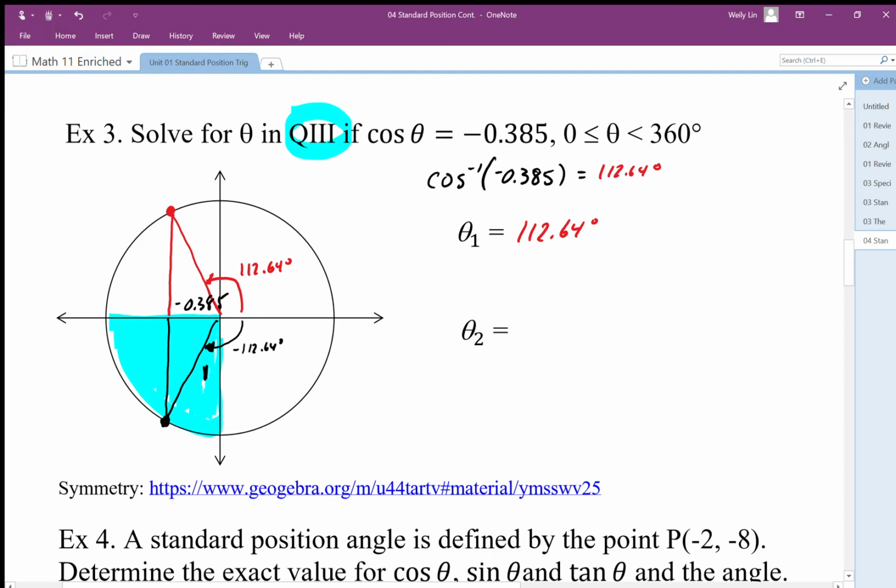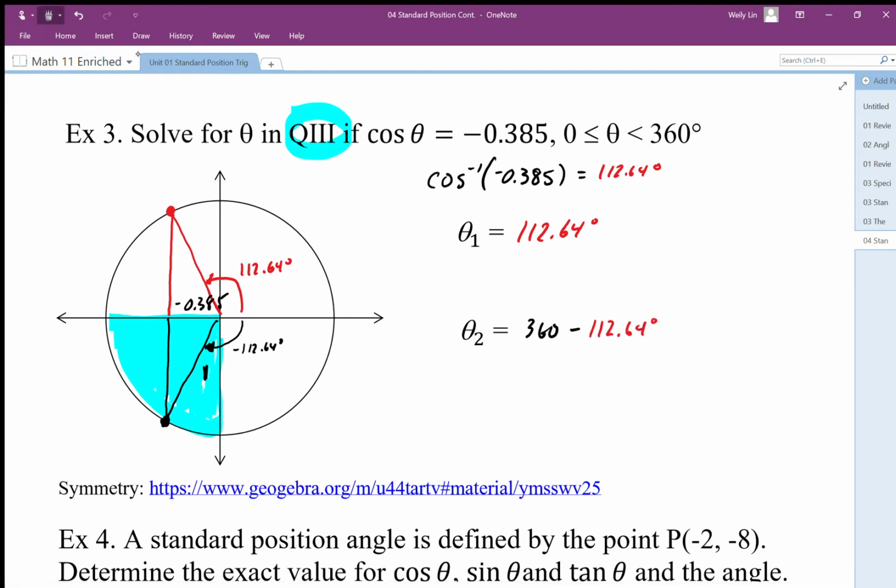I can use that angle, or I can do 360 minus that. I'm going to use a positive version of that, so I'll write it down here: 360 minus theta 1.